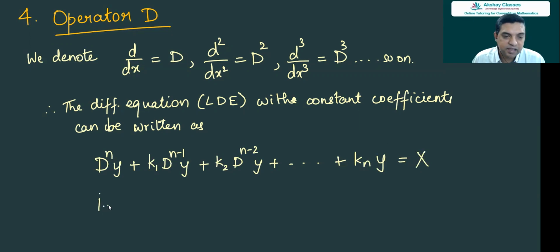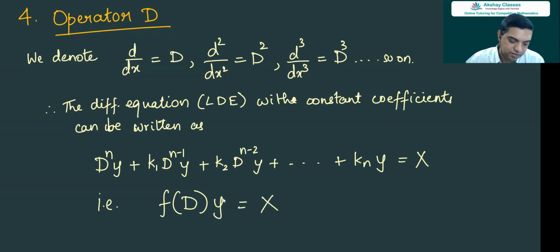That is, if I take y common throughout, I will get a polynomial function in D times y is equal to x.